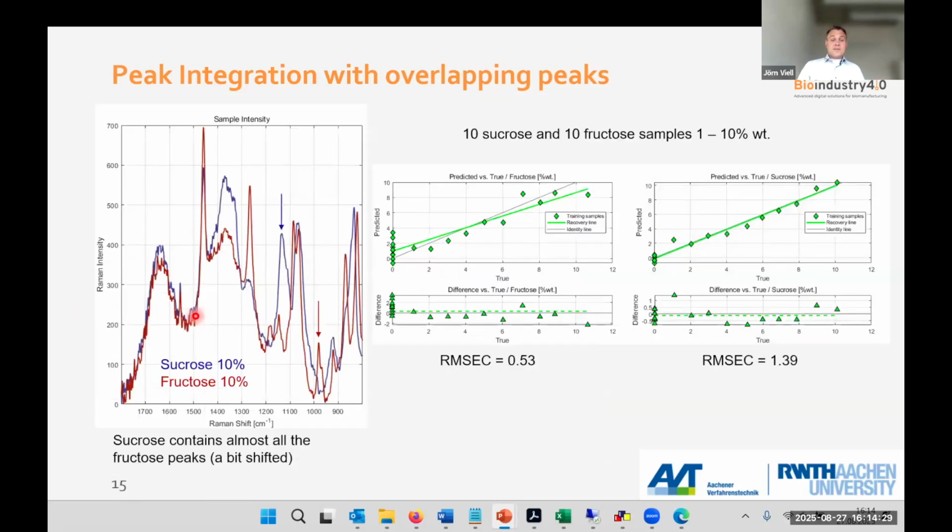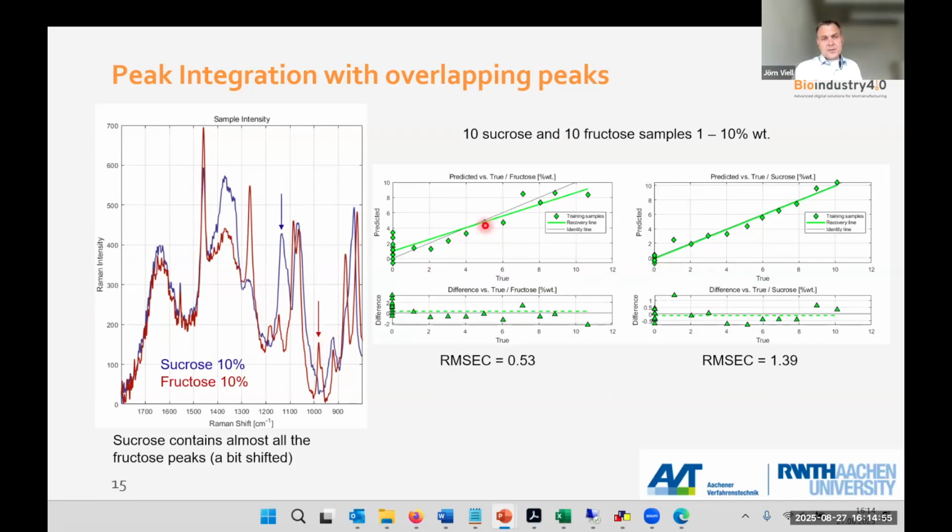You see that here, for instance, with sucrose and fructose, two sugars of interest in particular for biotechnology. The fructose and the sucrose have very similar peaks because they are similar in molecular structure. Fructose is part of sucrose, of course. And so we have only very small differences that we can quantify.